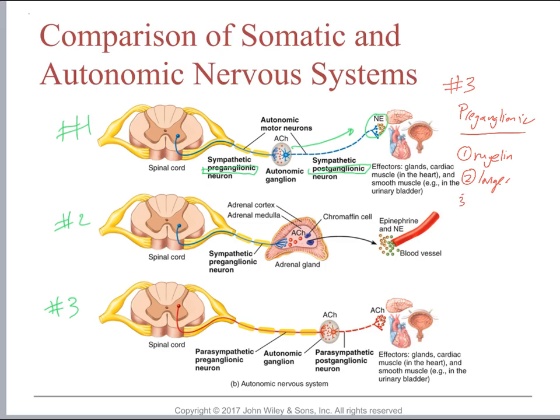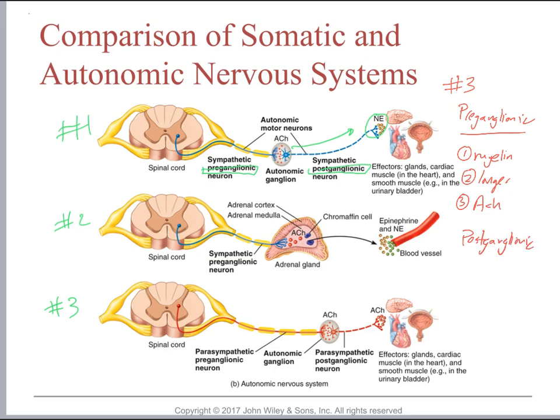Number 3, the neurotransmitter it's secreting is acetylcholine, so there are some similarities between 1 and 2 so far, just in the fact that the preganglionic neuron is myelinated and at the ganglia they're both secreting acetylcholine. One major difference between 1 and 3 is the length of the preganglionic neuron. Number 1 is short, number 2 is long, which brings us to the postganglionic neuron.